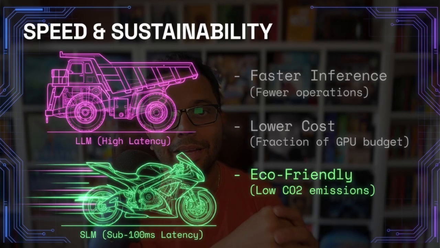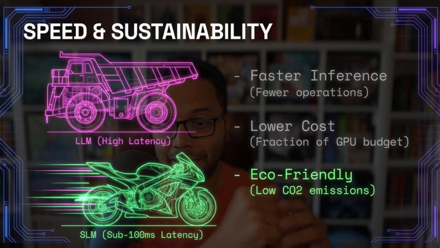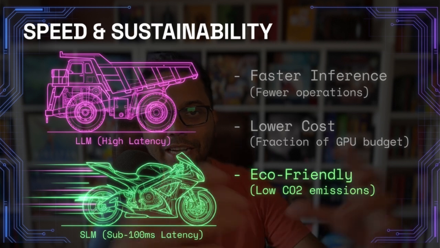I've used them specifically for browsers, and they are eco-friendly. You don't have to have those high GPU clusters running 24 hours to serve them. You use them only when you want to use them, and the rest of the time you can keep them hibernated.